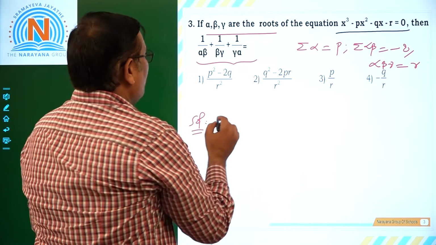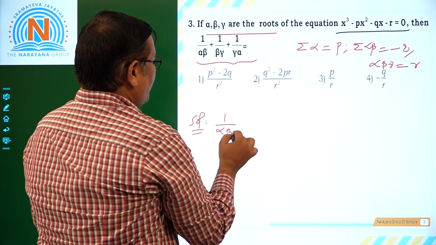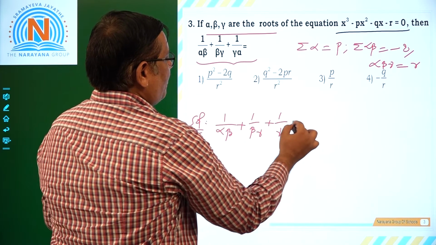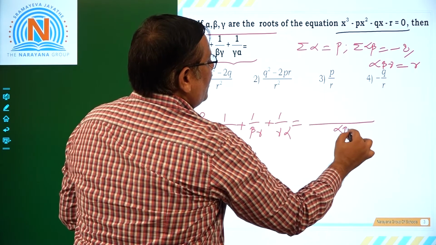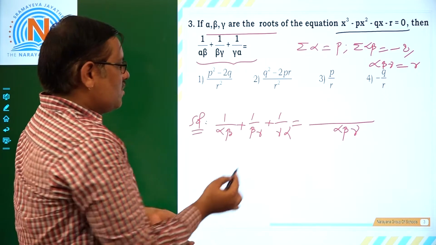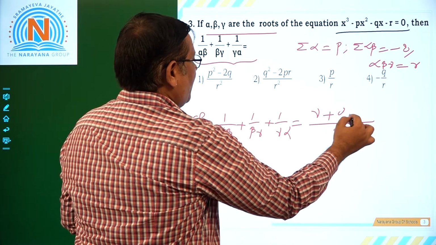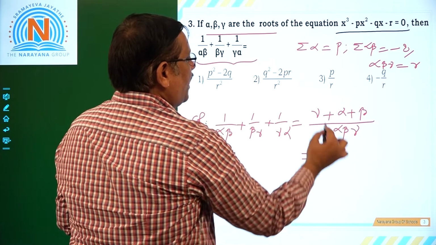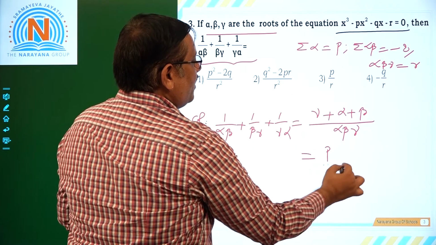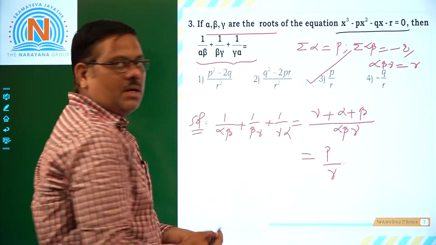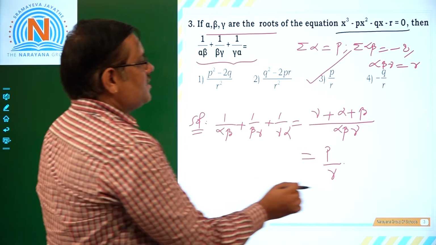Now we want 1 by alpha beta plus 1 by beta gamma plus 1 by gamma alpha. Here also we take alpha beta gamma as the LCM. The numerator is gamma plus alpha plus beta, which is sigma alpha, that is p, and alpha beta gamma is r. So p by r, which is the third option.